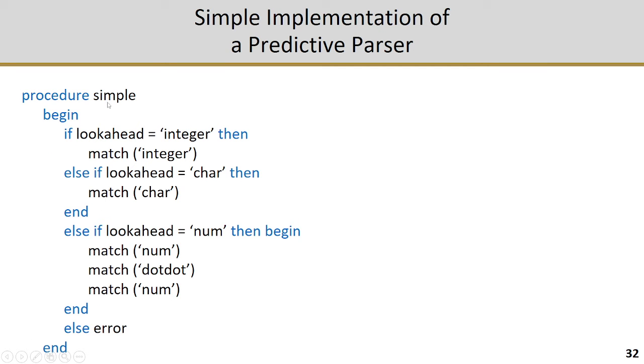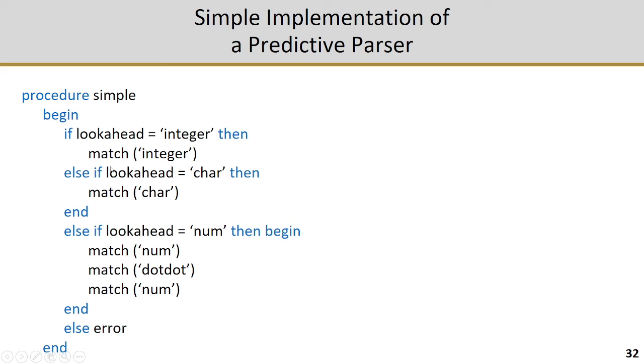In the case of simple, if the look ahead is an integer, there should be an integer at the beginning of the input according to the rule where integer is derived from simple, and for the simple to character rule we match character, and for the simple to num.num rule, if the number is at the beginning of the input, we read num and num from the input.